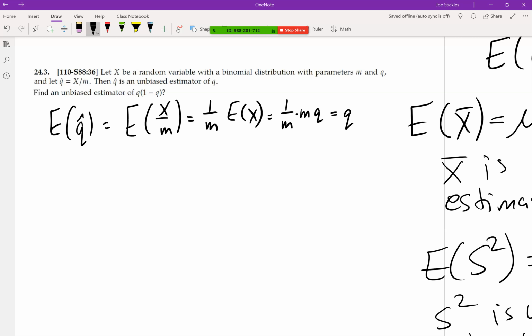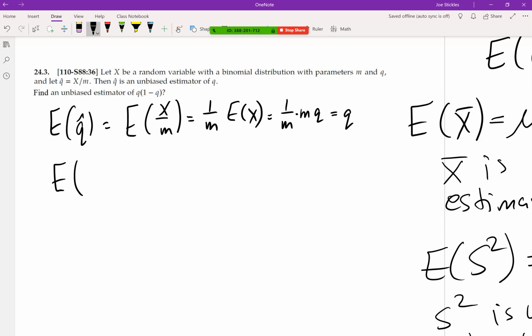All right, so the problem now asks, I just went through that to verify that we really did have an unbiased estimator here, that we weren't dealing with a biased one. From this, we want to find an unbiased estimator of q times 1 minus q. My natural inclination would be to try to figure out how to do this in terms of q hat.